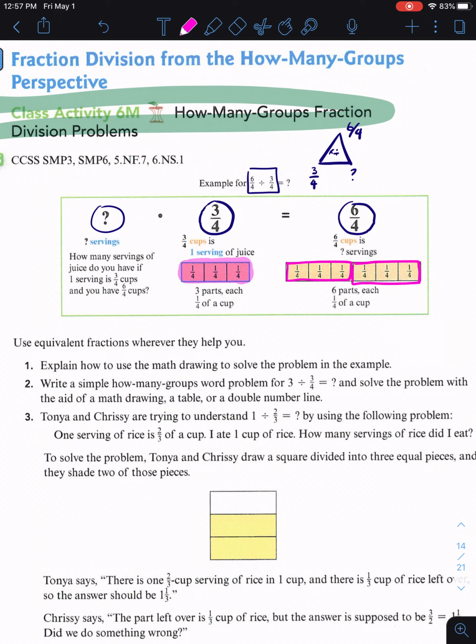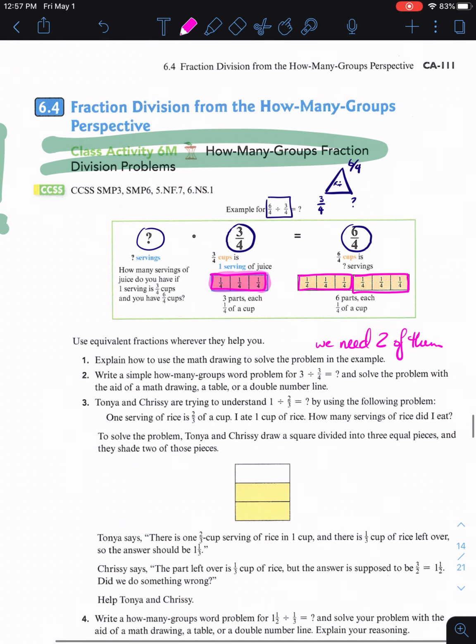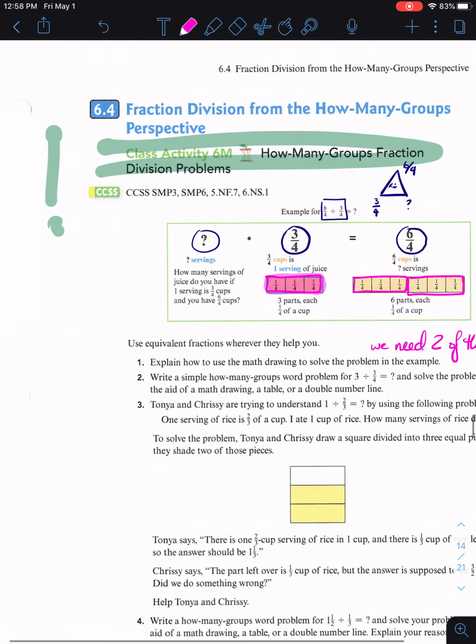So we have 2 of those groups in order to get 6/4. So it should make sense that we need 2 of them. Okay. So does that make sense? Do you see that? So when we're looking at how many of 3/4 do we need to get 6/4, we need 2. So write a simple how many groups word problem for 3 divided by 3/4.